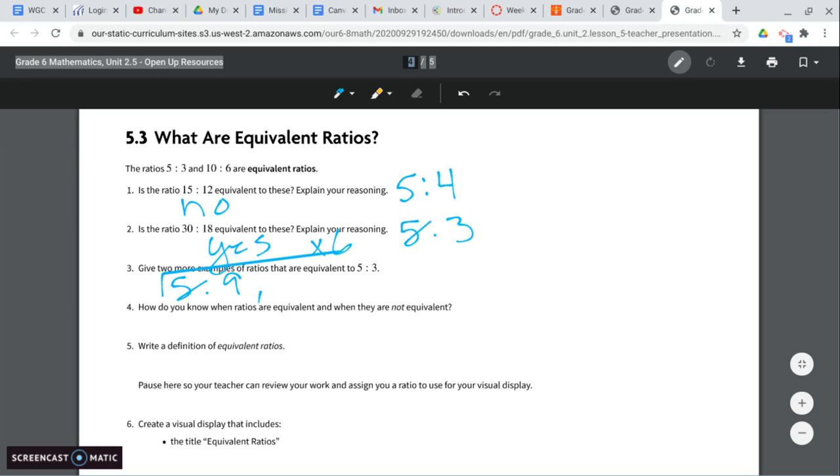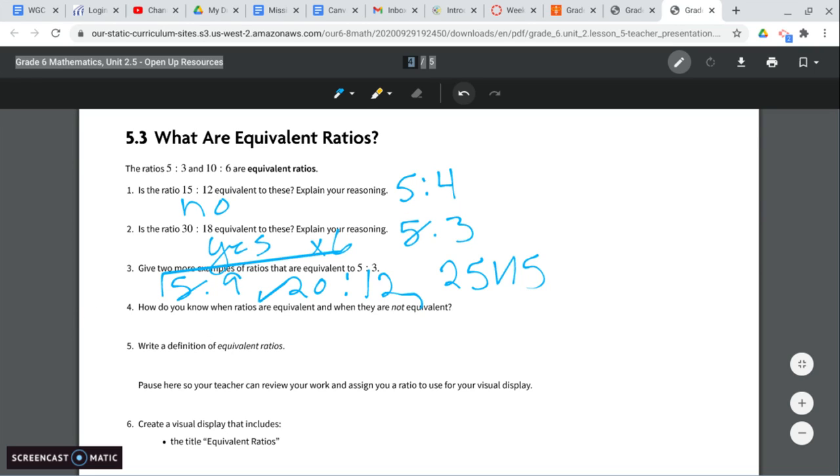We could look at times 4. 5 times 4 is 20. 3 times 4 is 12. There's another. We could do 5. That'd be 25 and 15. I know, lots of weird dots or weird lines. Apologize for that. So these are various equivalent ratios. We can multiply these both by 100, by 1,000. All of those would work.